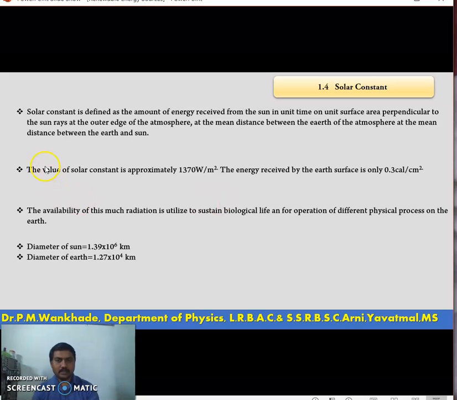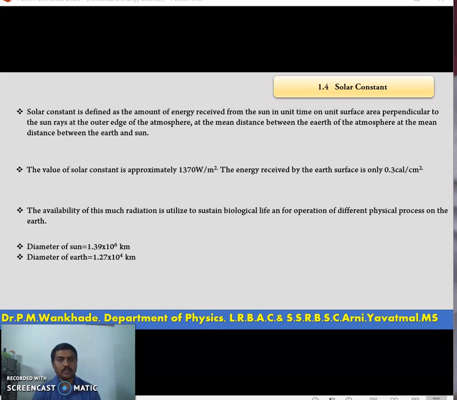And lastly, we will discuss the solar constant. Solar constant refers to the radiation energy falling on a surface perpendicular to the sun rays before any absorption or loss in the atmosphere. It is observed that the energy flux from the sun outside the Earth's atmosphere is nearly constant.